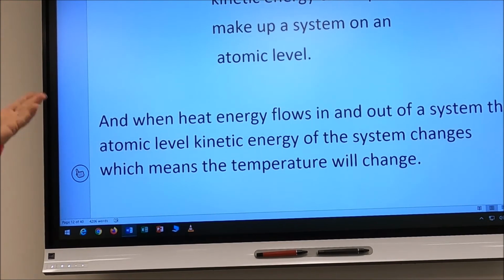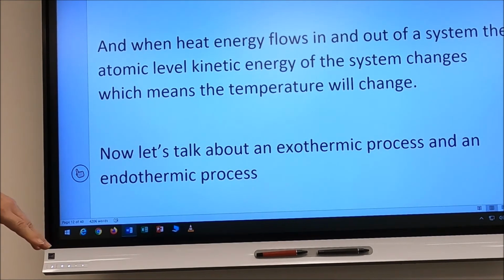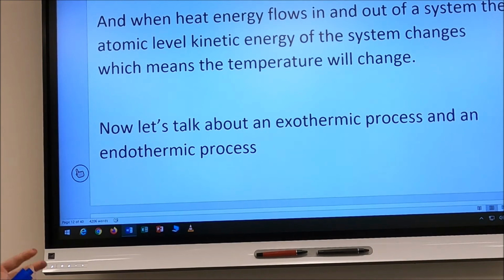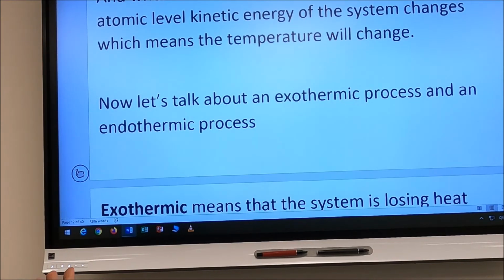If the temperature goes up for our system, that means the system gained energy. If the temperature goes down for the system, it loses energy. Now guys, we've got to be really careful about knowing what we're measuring the temperature of here when we're looking at whether our system is gaining or losing energy.